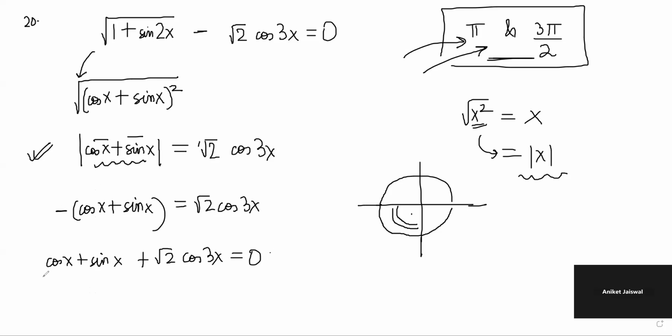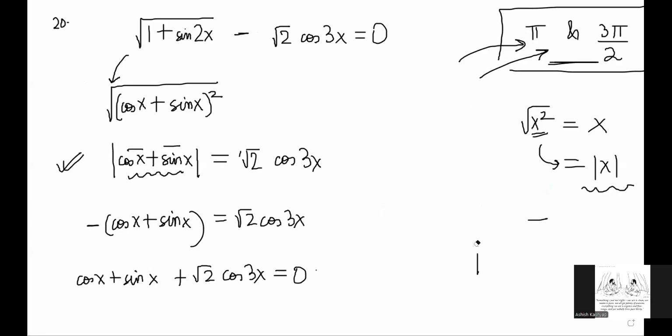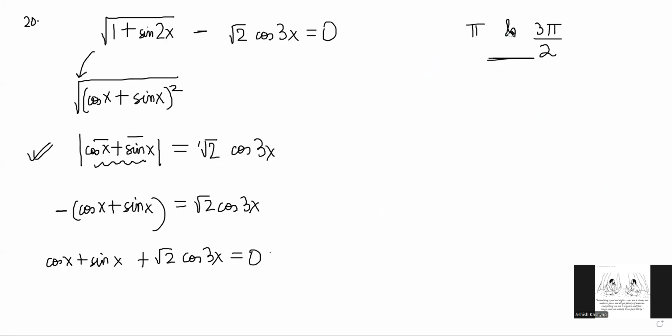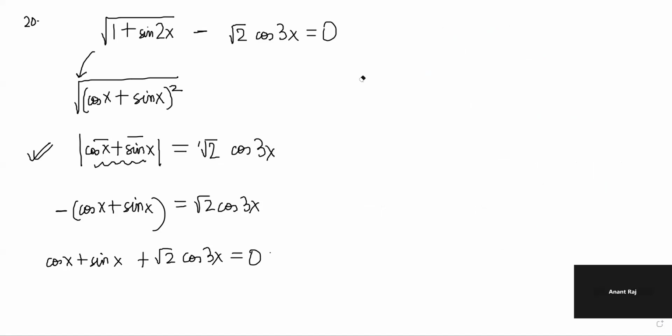Yes, sir. Now what should we do? What should be our next step after this? Sir, we will take root 2 cos 3x to the right hand side, then multiply cos x plus sin x by 1 upon root 2 and write it as cos of pi by 4 minus x.